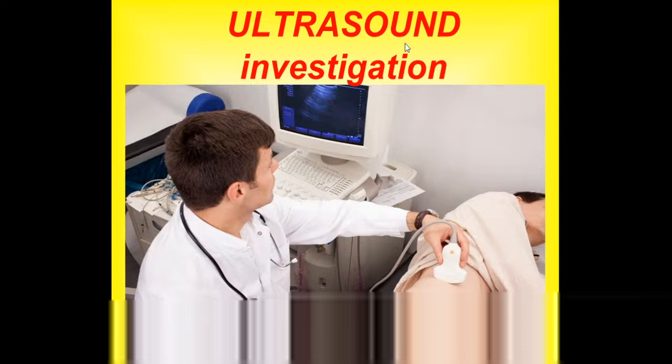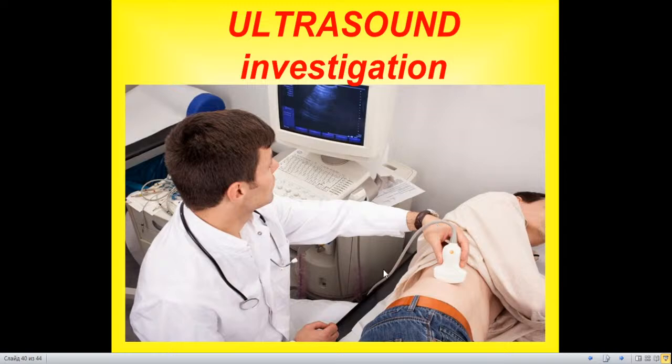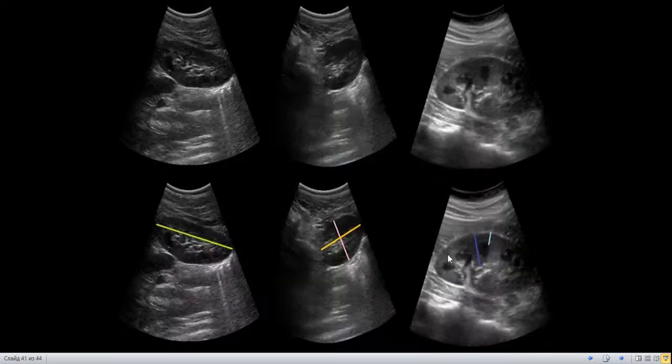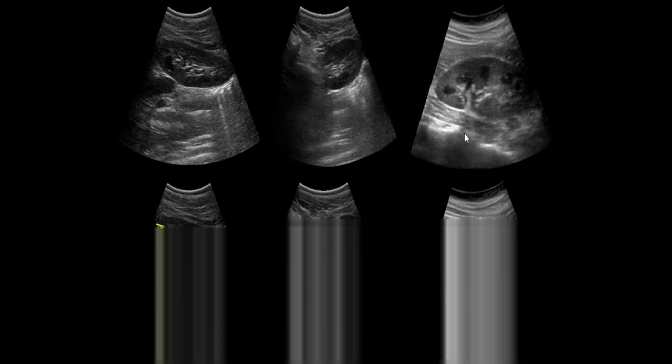Please pay attention. On the slide is presented ultrasound investigation of the kidney, with the position of the patient and position of the ultrasound apparatus. Ultrasound investigation is used for measuring the size of the kidney and looking at external and internal structures of the kidney.